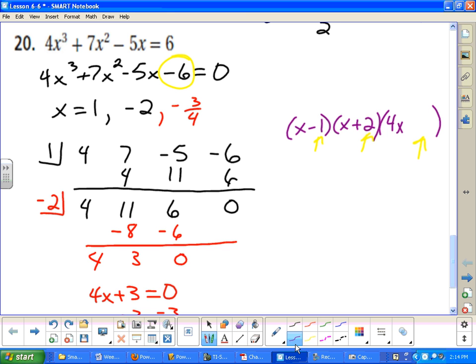So -1 times 2 is -2 times +3 is -6. And so I actually use the factors to find the missing one. And then I could use that to find that 0, -3/4. Okay. Right. So you could do either method, and it will get you there.